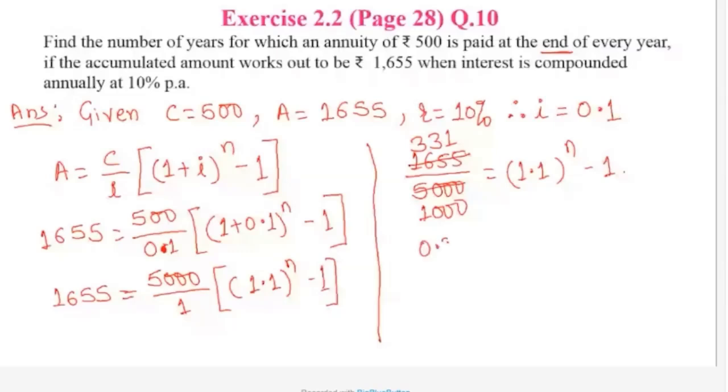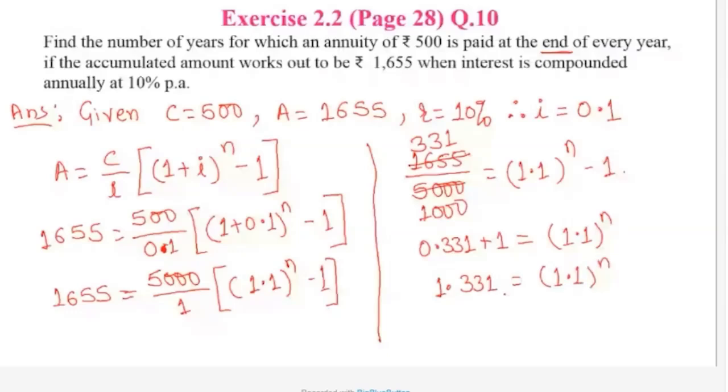That minus 1, let us take it this side. So it becomes 1.331 is equal to 1.1 raised to n.